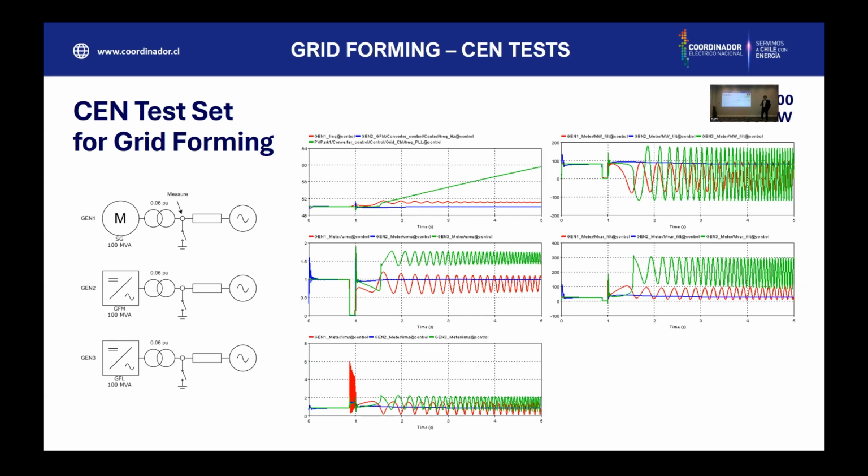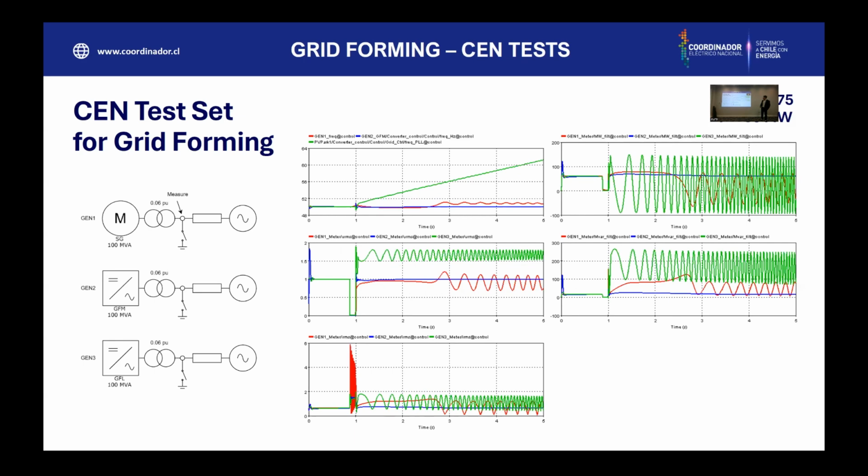And the next one is short circuit ratio 1 and 80. Okay, so maintaining the power, and now with a short circuit ratio of 1, we lose synchronism for the synchronous generator and for the grid following. And the grid forming can maintain its set point accordingly.